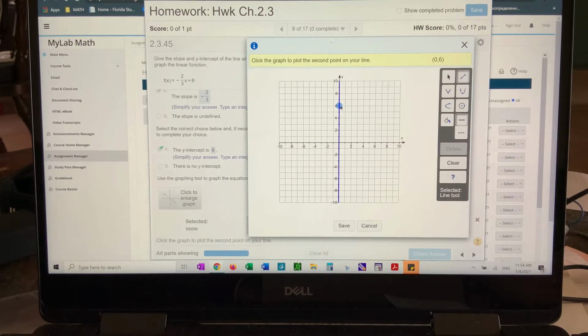I'm counting from this 6: 1, 2, I went down by 2, negative 2, which brings me to 4. And then going horizontally on the level of 4 by positive 3. Where is my 3? Here, see? 1, 2, 3. So clicking on it, 2 points.